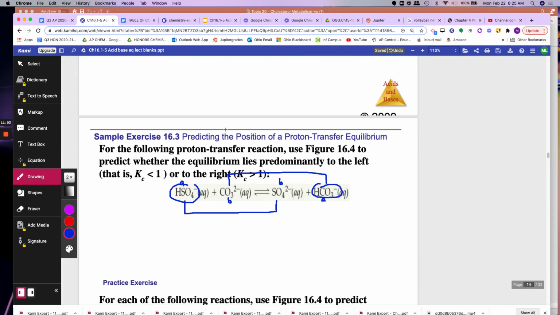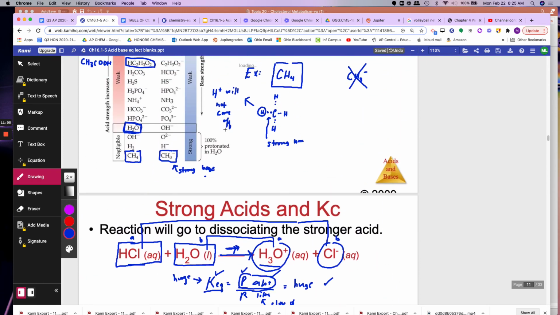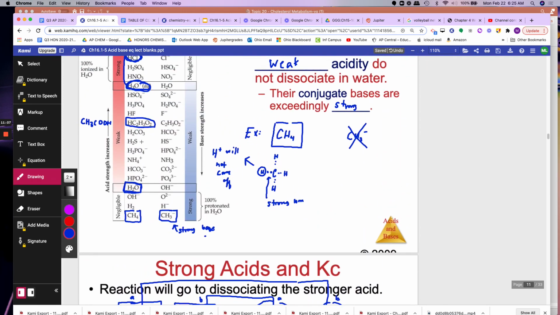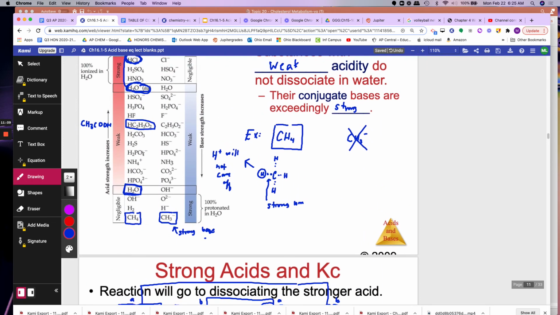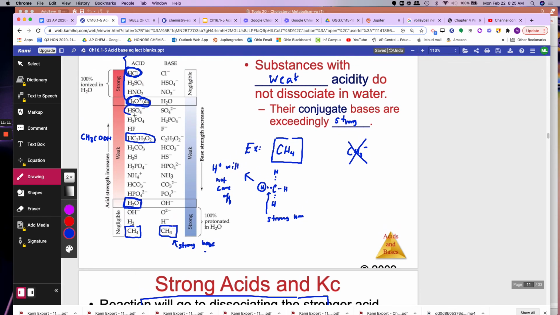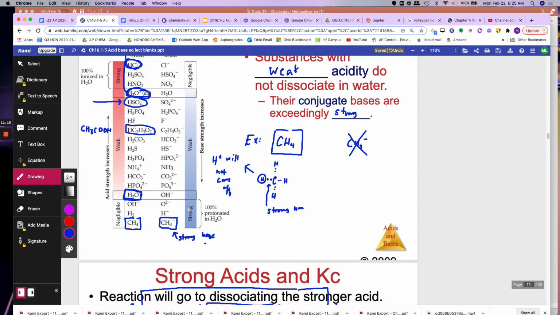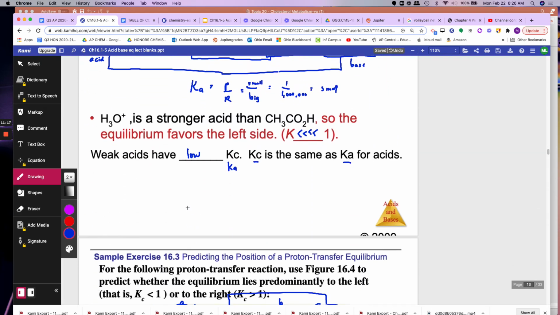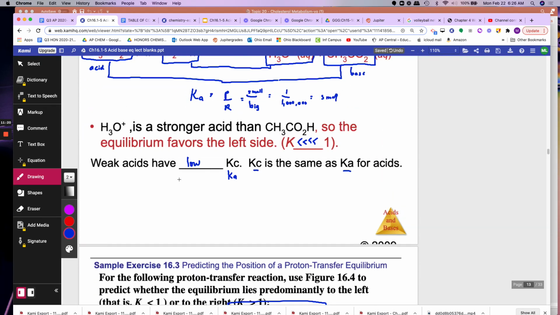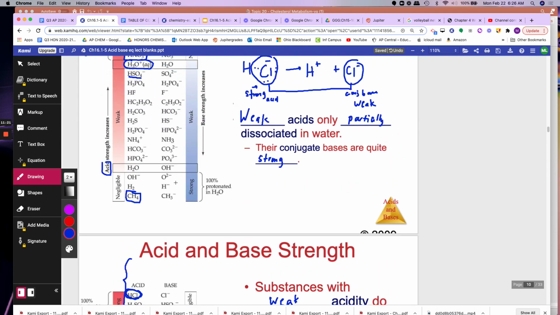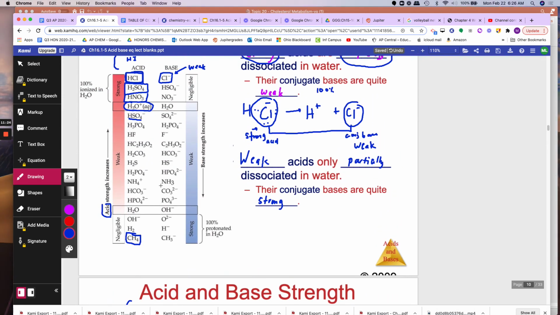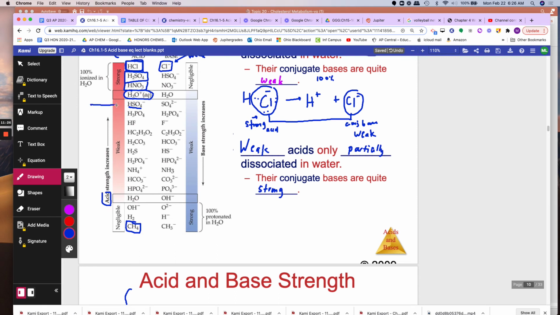You look at the chart. HSO4 minus is right there. HCO3 minus is over there.